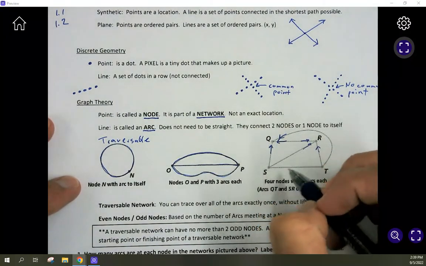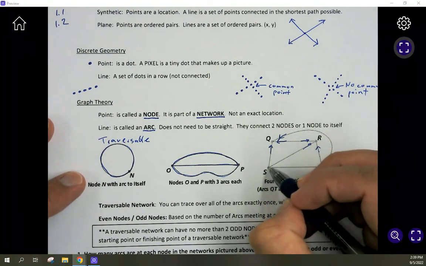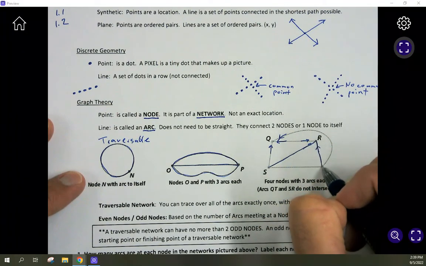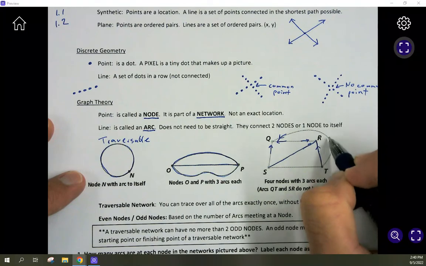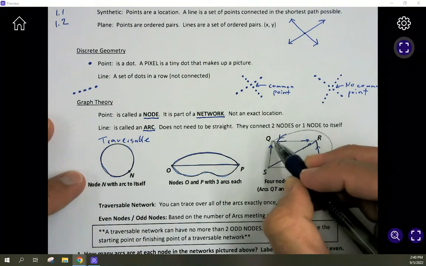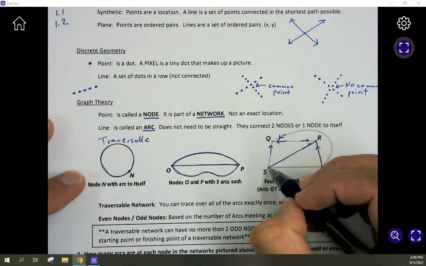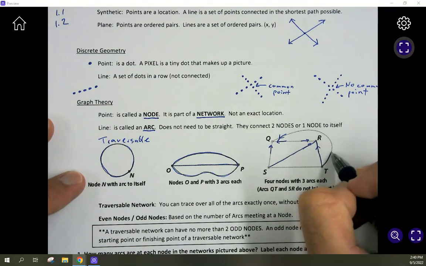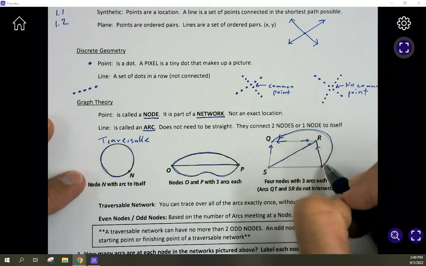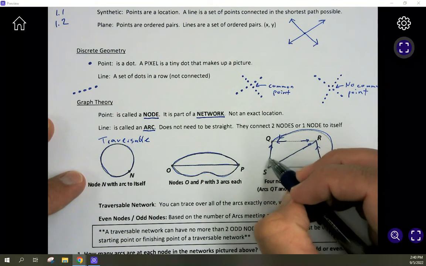This one you can try starting in a bunch of different spots. But if I do this and then down, start thinking ahead, I can go over. Then if I go this way, I've already done these. If I go this way, okay, that might be a possibility, right? If I go all the way around, I can't go this way because then I'm stuck. I would have to overlap these. So I could go down.